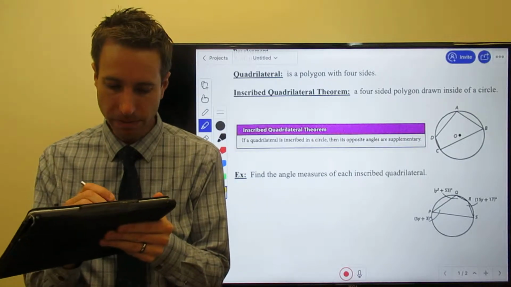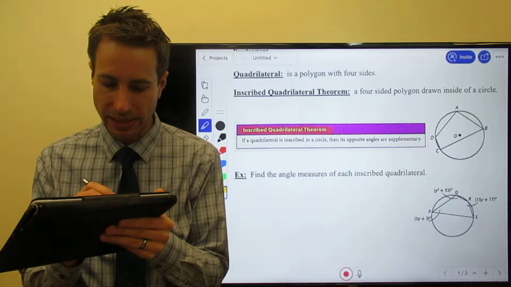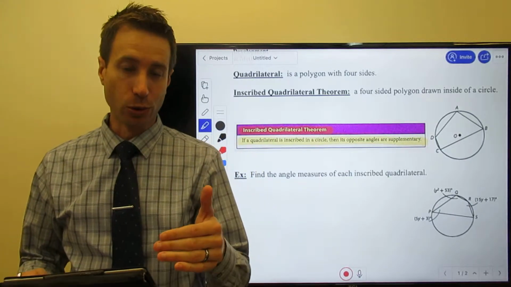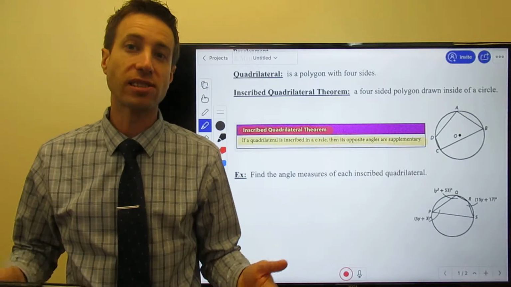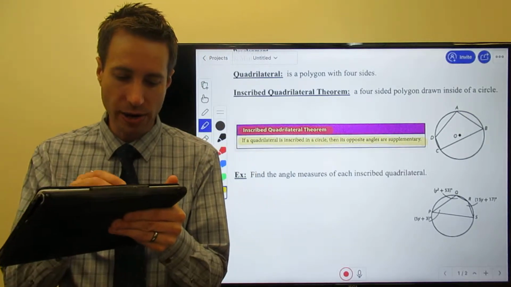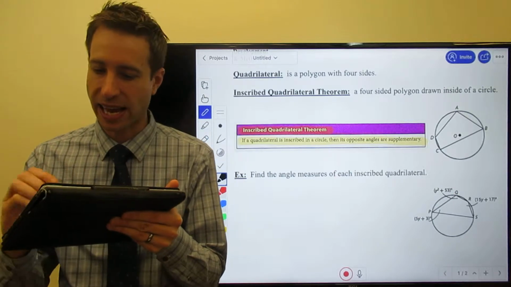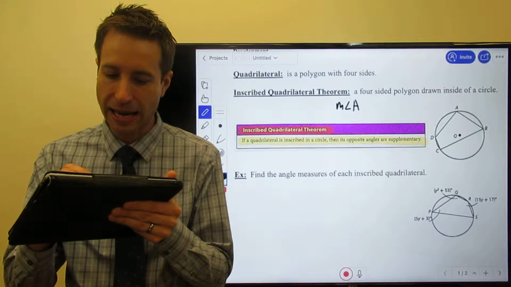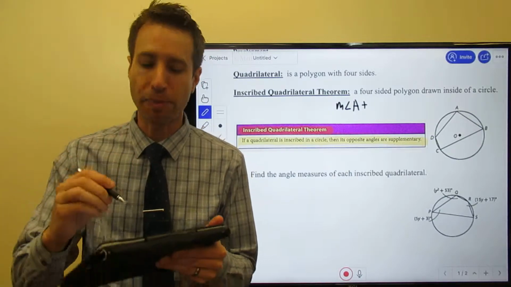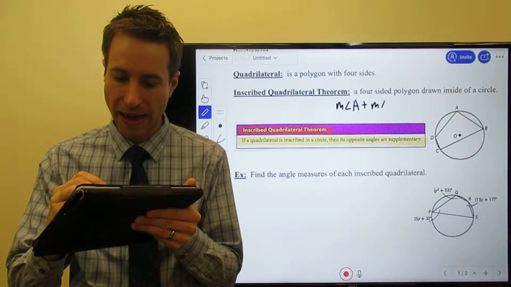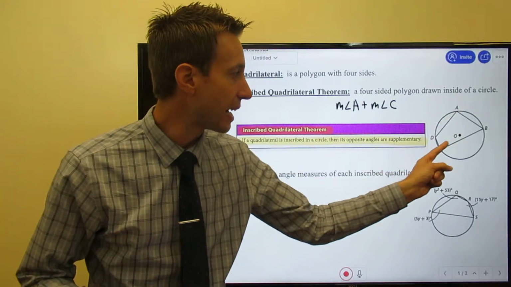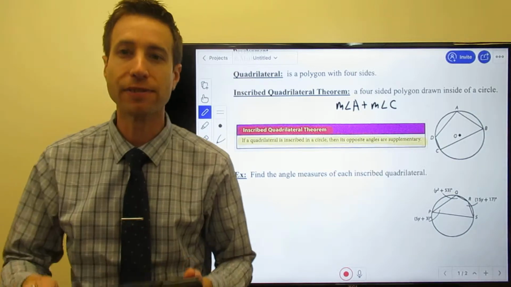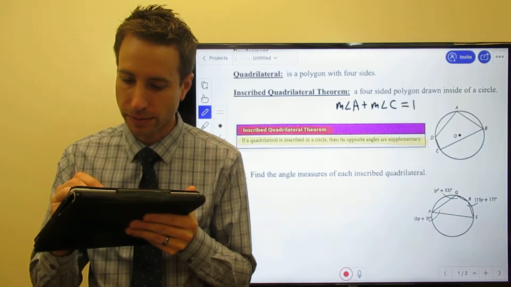Now, what's the theorem? It's actually a really simple theorem, and it simply says this: opposite angles of the quadrilateral are supplementary. That means they sum to 180 degrees. Here's all that's saying. The measure of angle A plus its opposite angle, the measure of angle C, A and C are opposite angles, and the theorem says they have to sum to 180 degrees.